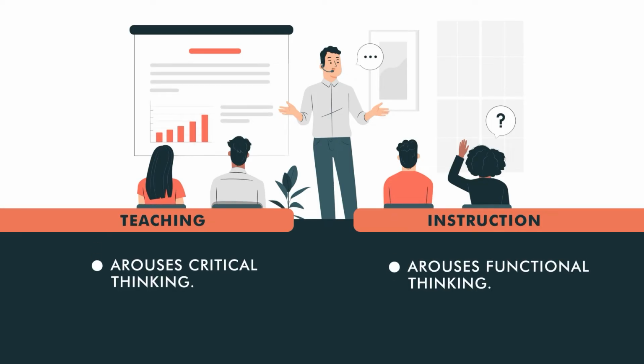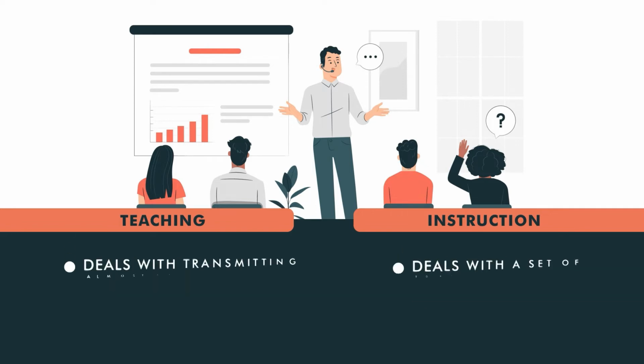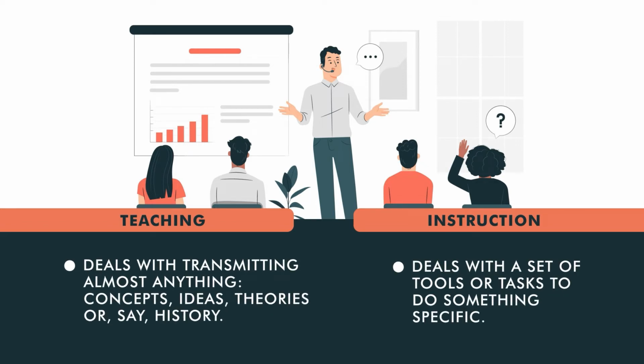Three, teaching is largely concerned with developing critical thinking, reflective thinking, whereas instruction arouses functional thinking, that is, how to apply something to a particular context. Four, teaching goes beyond the prescribed syllabus, but in instruction we confine ourselves to specified context and outcomes.